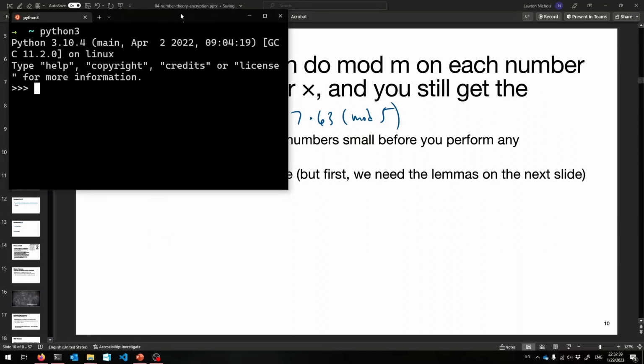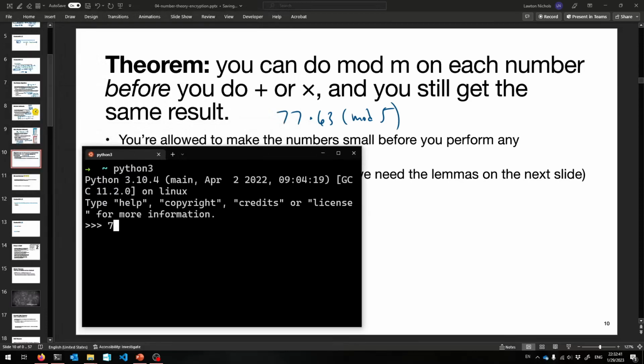It's, what was it, 77 times 63? That's 4851. And then we wanted mod 5 of that. So the answer is 1, but we didn't have to do our long multiplication.